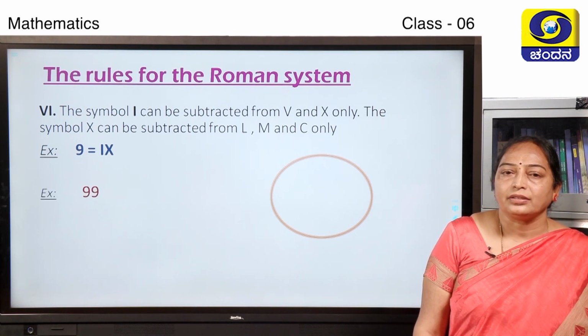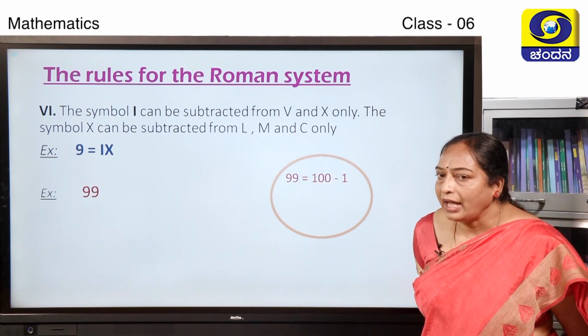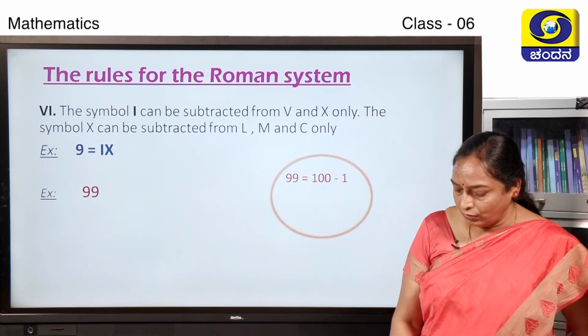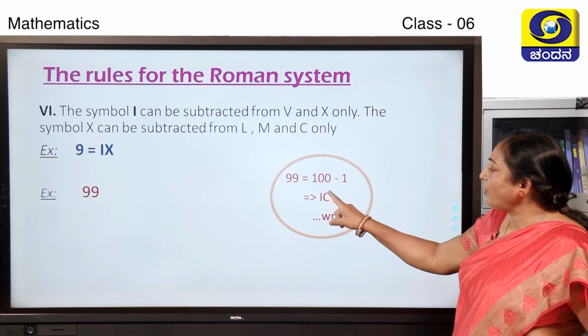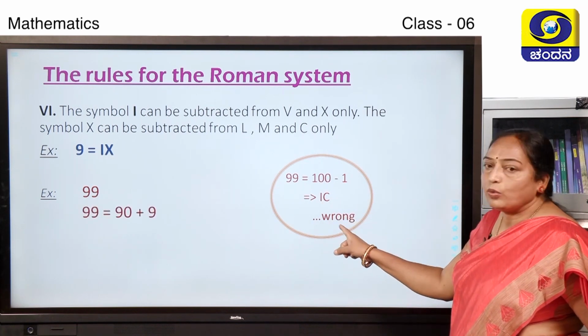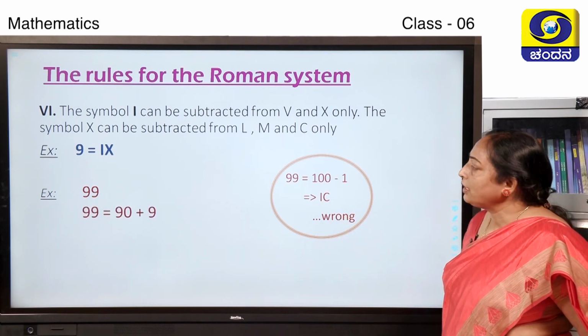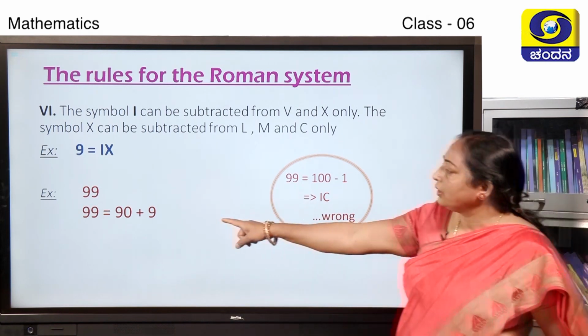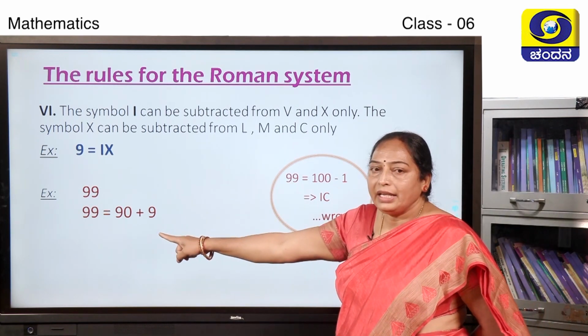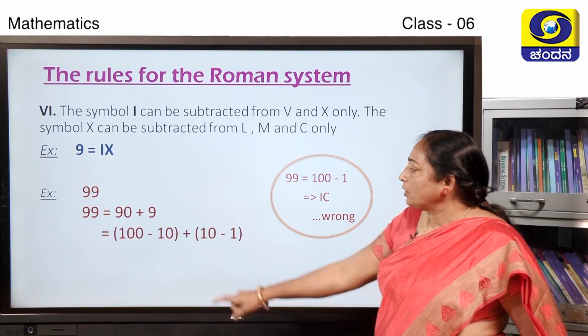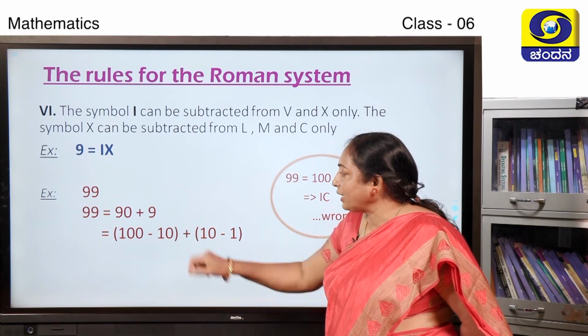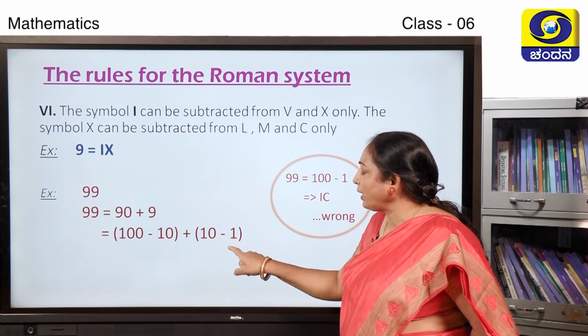99. Can we write 99 as 100 minus 1? Here I is written left of C. Is it correct? No, it is wrong. That is why we should follow this step. 99 is equal to 90 plus 9. 90 means 100 minus 10, and 9 means 10 minus 1.